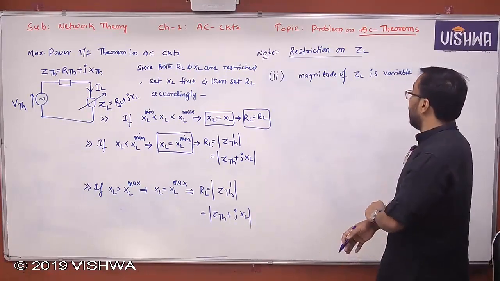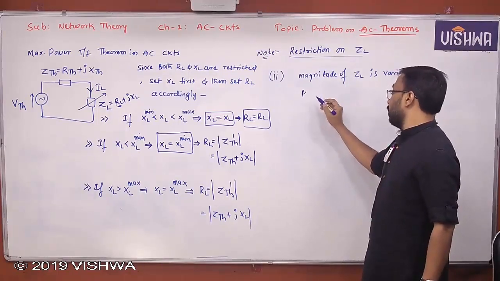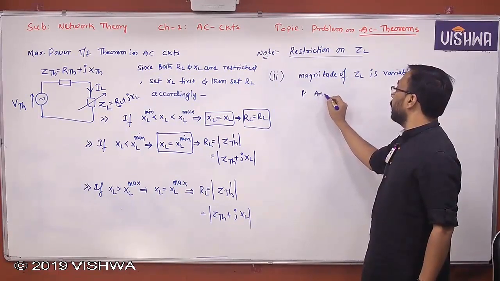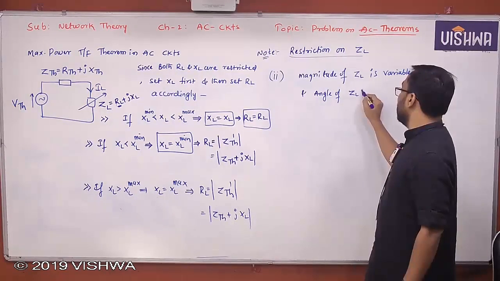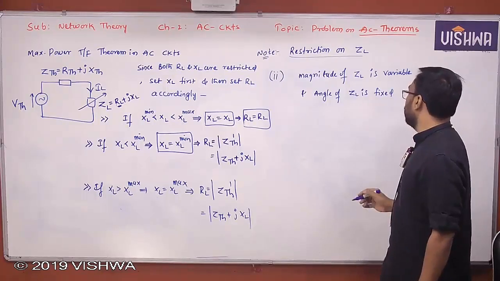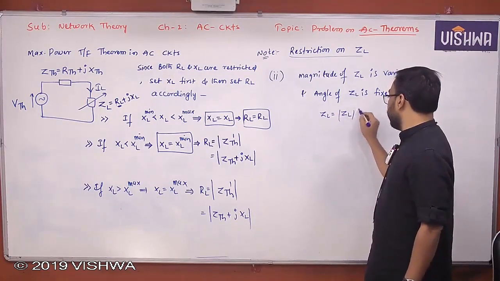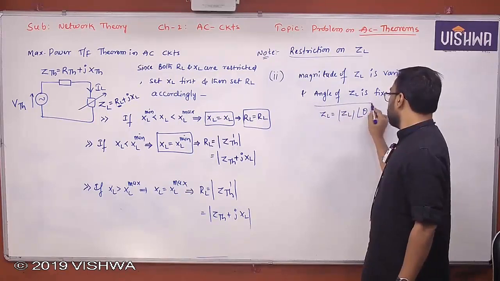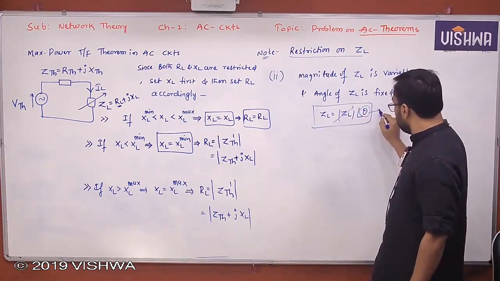Now the magnitude of ZL is variable and the angle of ZL is fixed. That means ZL is equal to |ZL| at an angle of theta. This is variable actually, but this is fixed. He's saying that this is fixed.